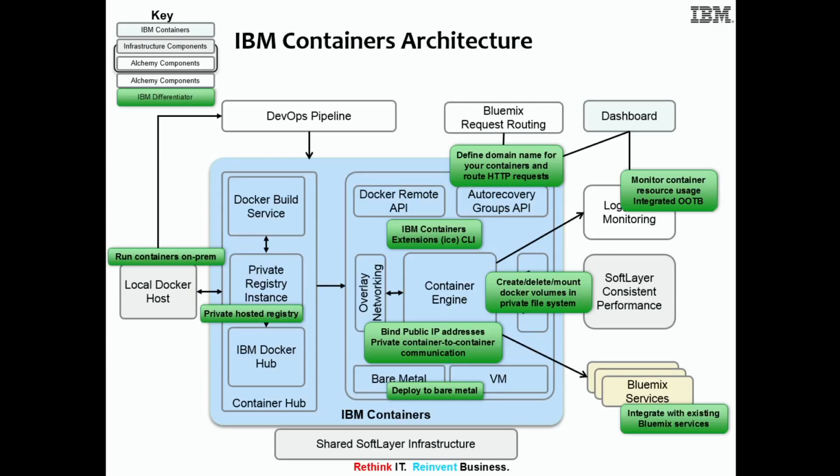The provisioning of Docker containers and all the management and administration can be done within a browser. I will show this a little bit later. But if you don't like browsers, you can use the CLI, which is called ICE, IBM Container Extension, that you install on your Docker machine. It is a package that is basically Python routines.